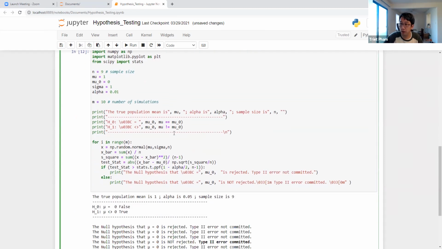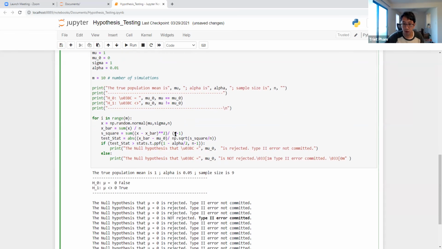Will type 2 error be more often or less often when I make alpha smaller?